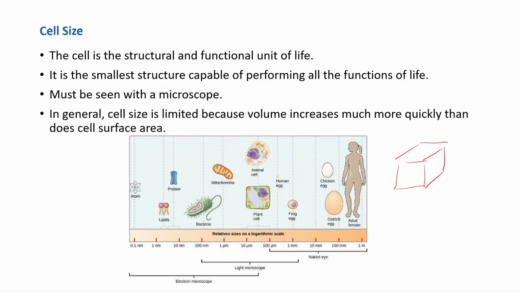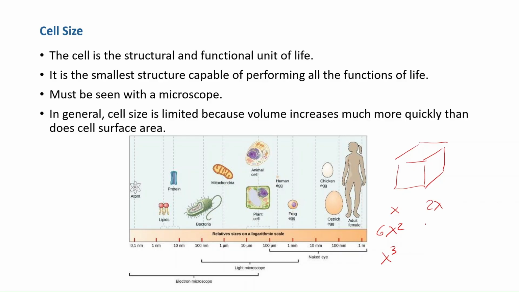Okay, so let's assume that the size of the side is going to be x. The surface of the cell, you know that each square would be x squared, and you have 6 sides, so it's 6x squared. The volume, on the other hand, for this one is going to be x cubed. Now assume the cell doubles in size.